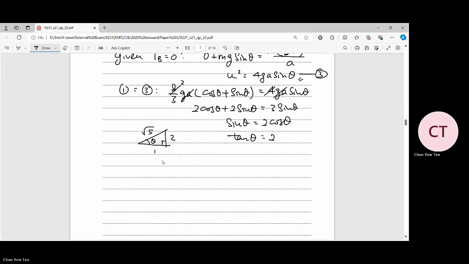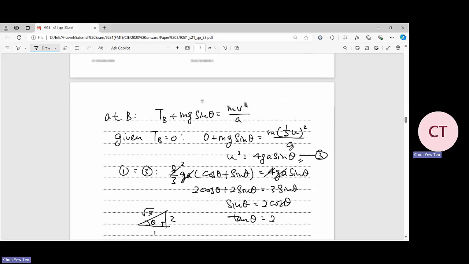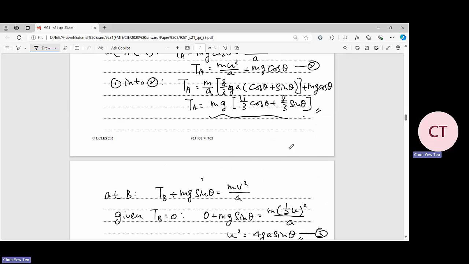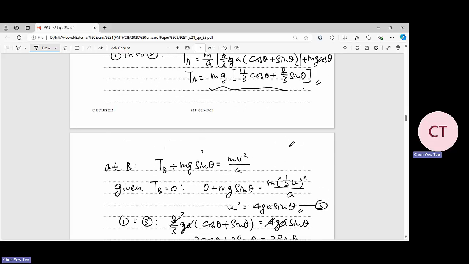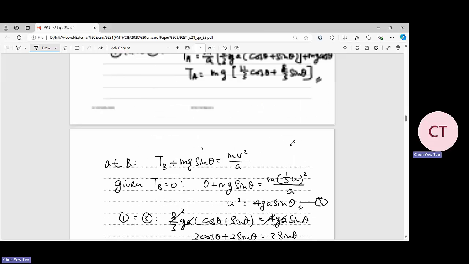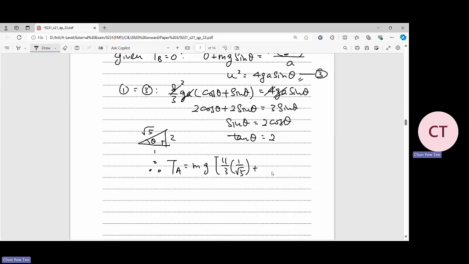And therefore your tension at A, we just need to replace it inside here. Then you can find the mg. So mg, 11 over 3 cos theta, cos theta is 1 over square root of 5, plus x over 3, 2 over square root of 5.